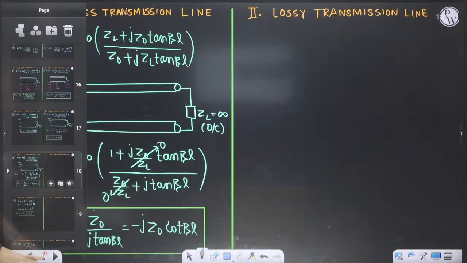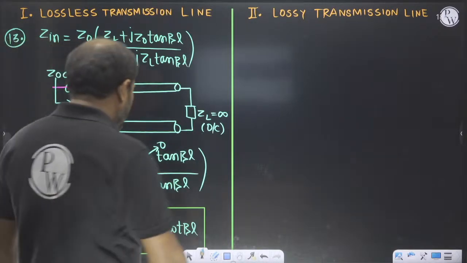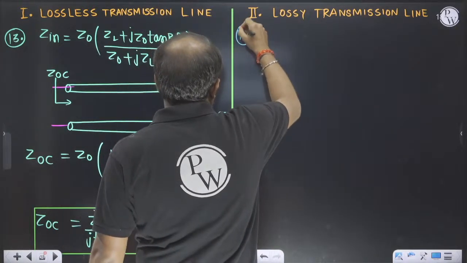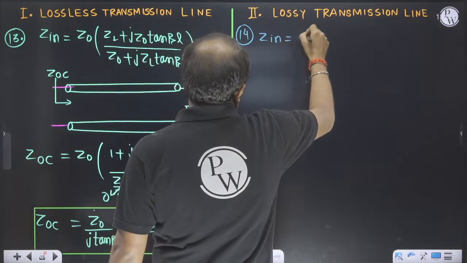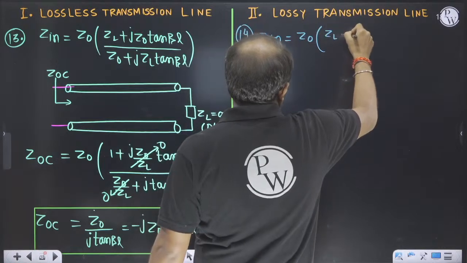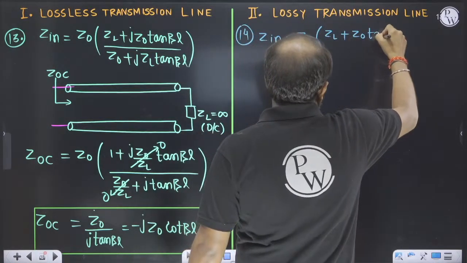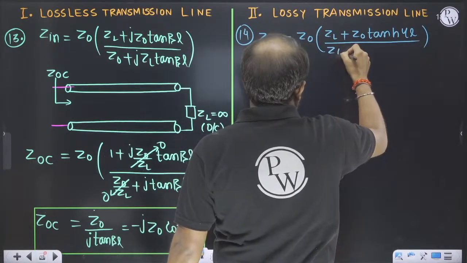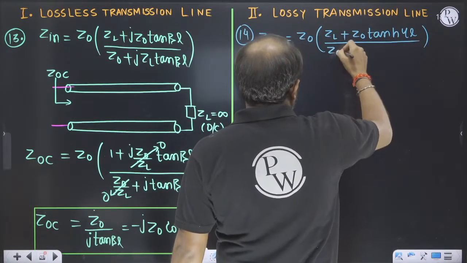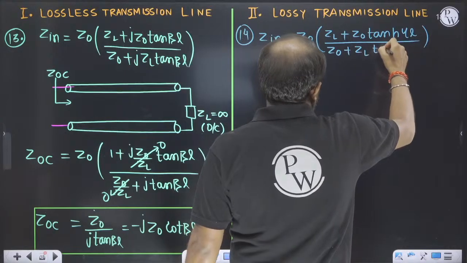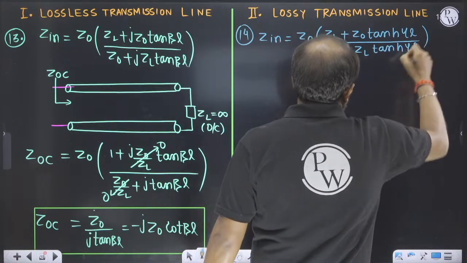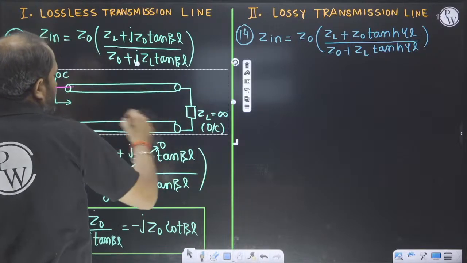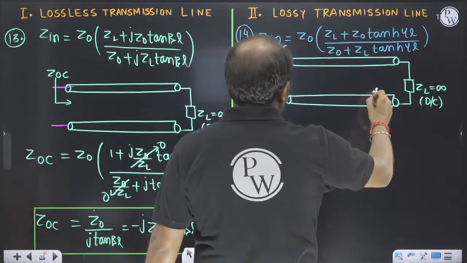Similarly, for ZOC, what will you do? For ZOC, same thing. Zin is equal to Z0 (ZL plus Z0 tanh gamma L) divided by (Z0 plus ZL tanh gamma L). There is open circuit. In that case, what will happen?